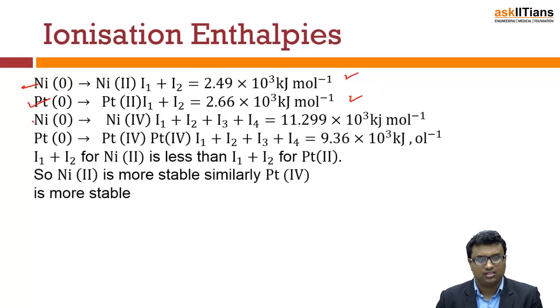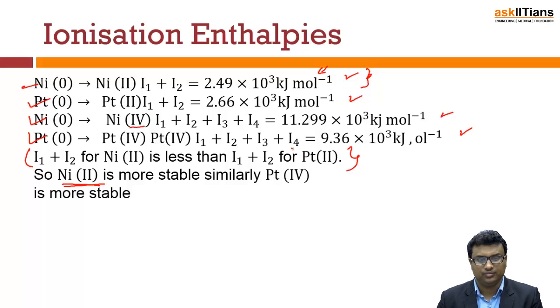Nickel's plus 4 oxidation state ionization enthalpy is given, platinum's is also given. You can see that I1 plus I2 for nickel is less than I1 plus I2 for platinum. So what does that mean? It means that nickel 2 is more stable, because you need less ionization enthalpy.